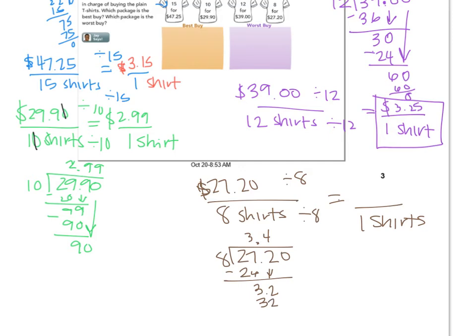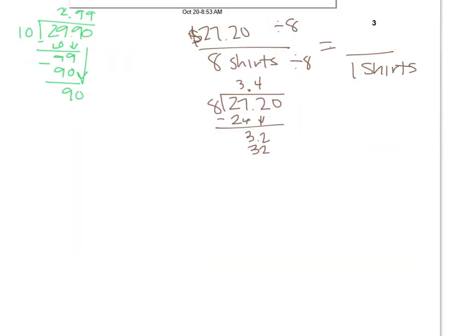That's going to be 32. So when you subtract it, you get 0. Bring down the 0. 8 goes into 0 times. Subtract those, you get 0. So our answer is $3.40.